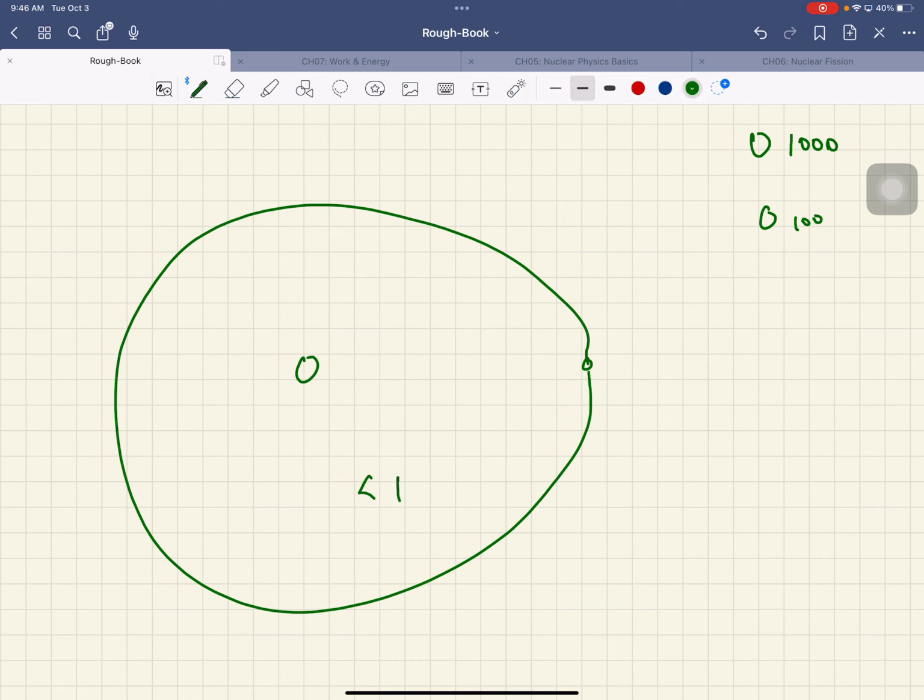Let's say I'll make up a number, 99. So if you want to break this up, you have to put in 1 unit of energy.